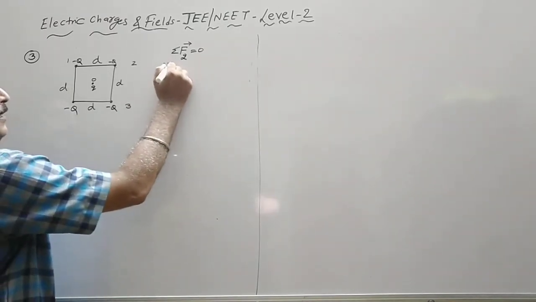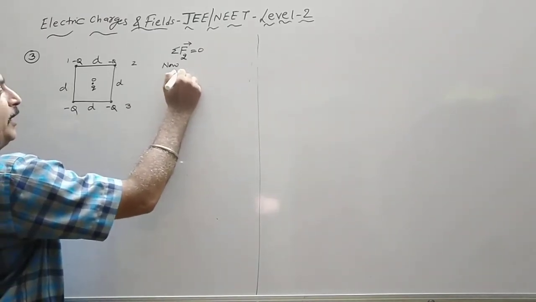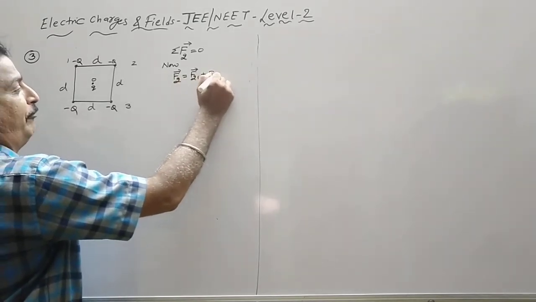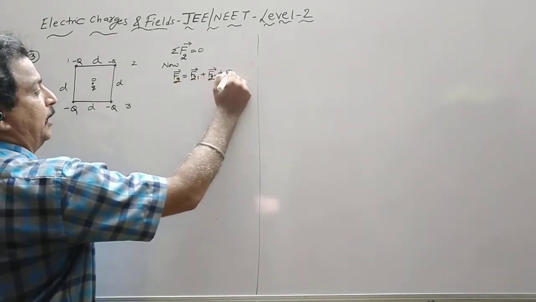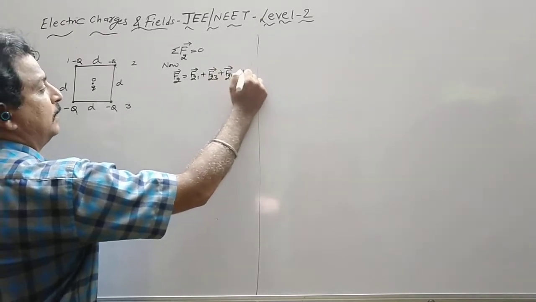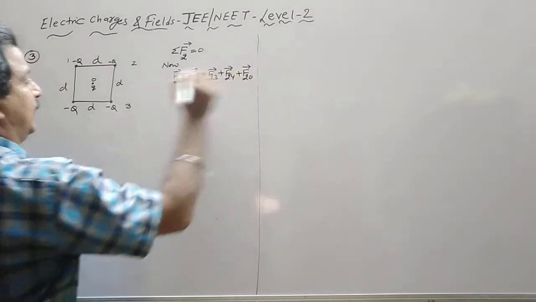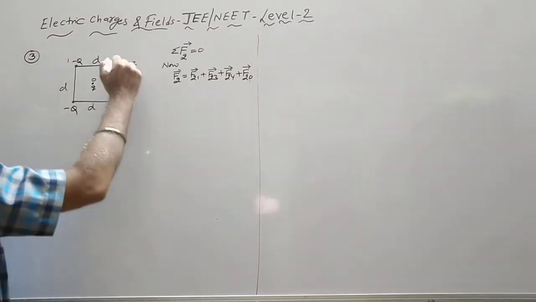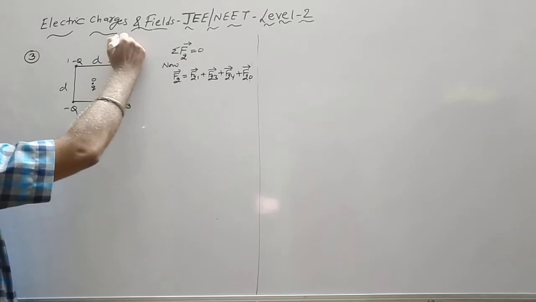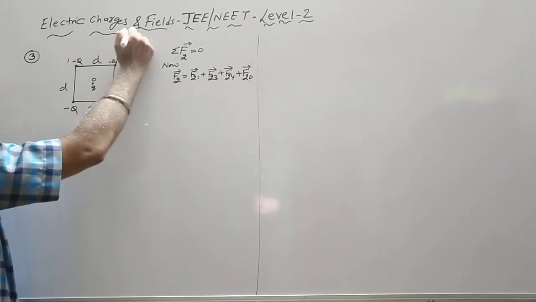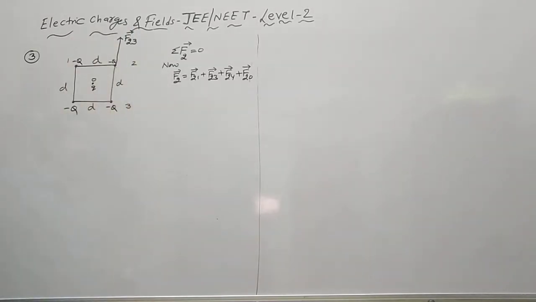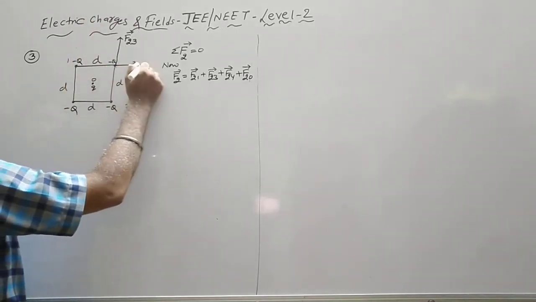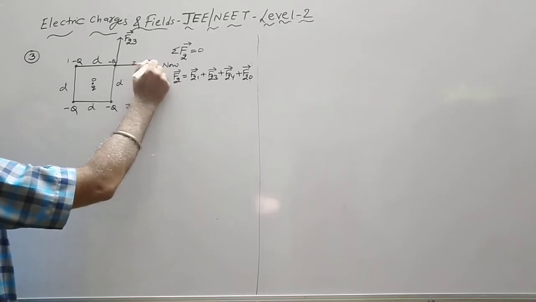Now the F2 vector can be written as F21 plus F23 plus F24 plus F2 naught, or center. So we have 4 forces. Let us determine the direction. So this will be the direction of force on 2 due to 3. Repulsion. This is force on 2 due to 1.